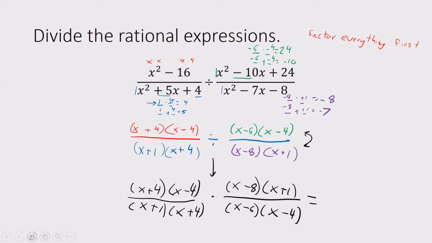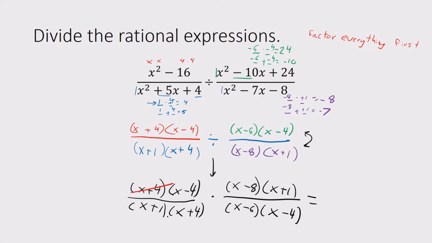We're going to look at the tops of all the fractions and figure out what factors are common on the top and on the bottom. So on the top, just looking at all the fractions together, we have an x plus 4, an x minus 4, an x minus 8, and an x plus 1. In the bottom, we have an x plus 1, an x plus 4, an x minus 6, and an x minus 4. What is the same that's on the top somewhere and on the bottom somewhere?